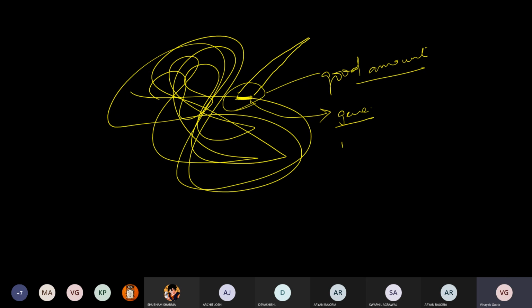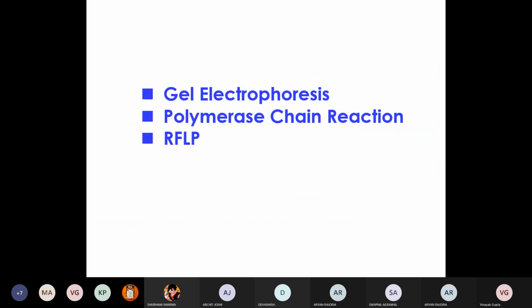Then we can work on that particular gene. So these are the three techniques. One is called gel electrophoresis. Second is polymerase chain reaction (PCR), and the last one is RFLP.